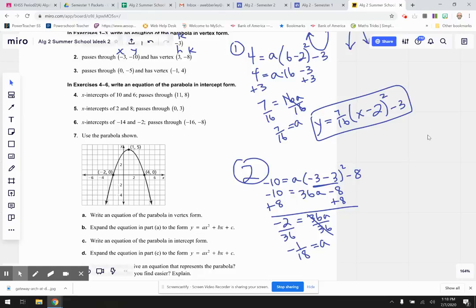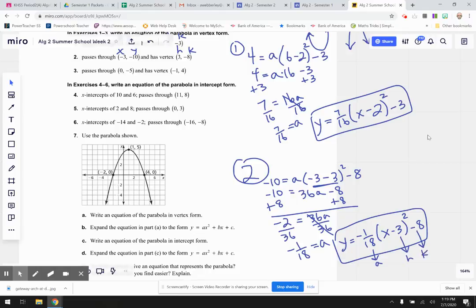So your equation then is y equals negative 1/18 parentheses x minus 3 squared minus 8. So we plugged in the a, we plugged in the h, we plugged in the k.